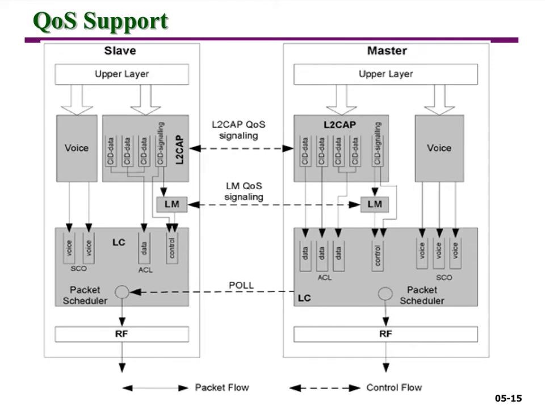That's why we talked about different services, starting from emulating serial communication and human interaction devices and TCP/IP applications and so on. So there is a diverse set of services that can be accommodated through Bluetooth.